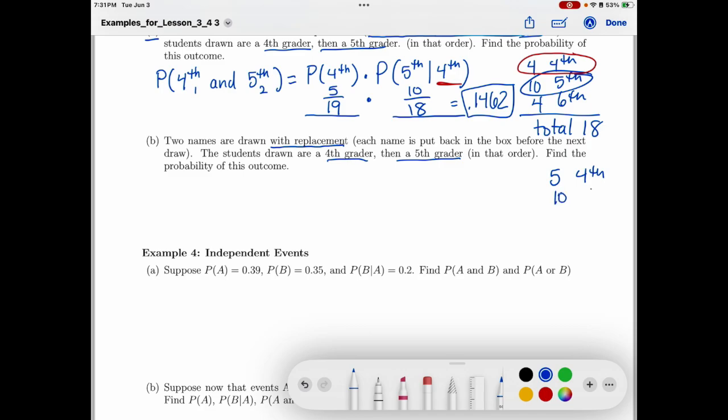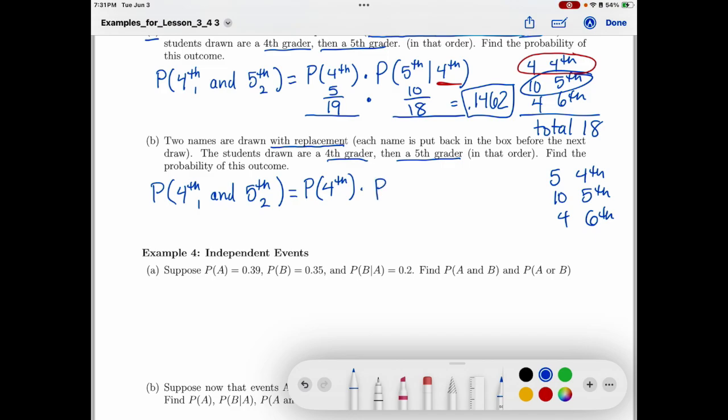So to start off, remember we had 5 4th graders, 10 5th graders, and 4 6th graders. I want to find the probability of getting a 4th grader first and then a 5th grader second.